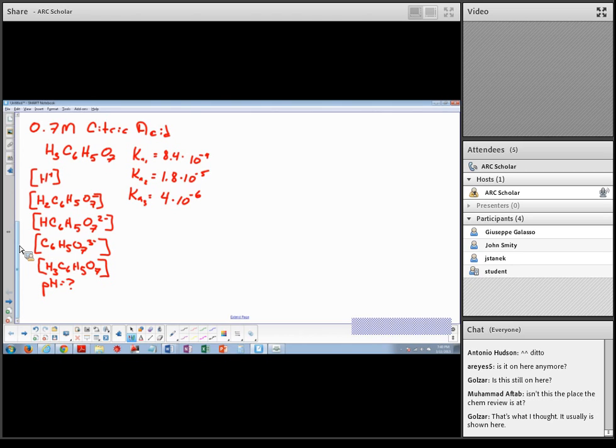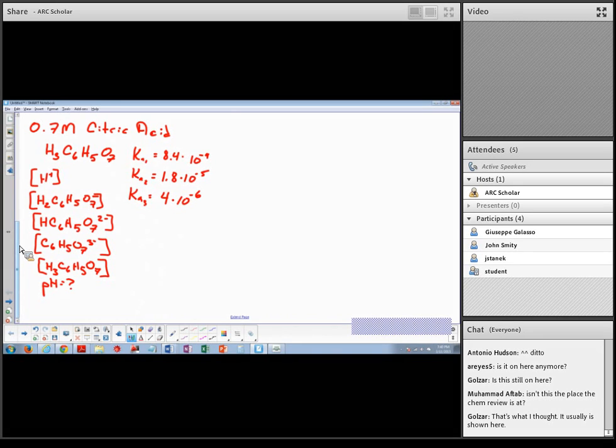Then its conjugate base, the 2 negative charge, is going to release the third proton, according to Ka3. And finally, you'll end up with your last conjugate base with no acidic protons. So to do it step by step, essentially you're going to end up with 3 ICE tables.